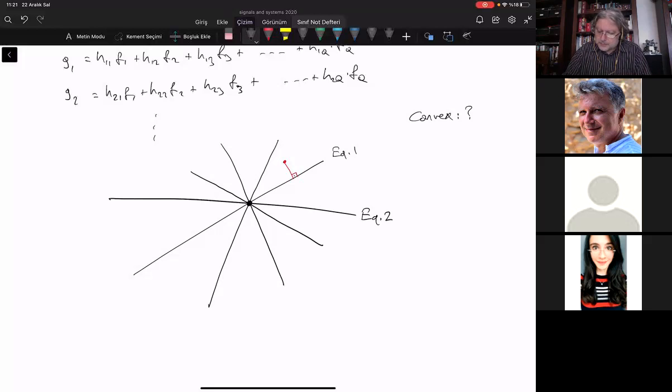If you have two points within the convex set, let's say one of them is x1, the other one is x2, then lambda times x1 plus 1 minus lambda times x2 will be an element of the set, will be inside the convex set, for lambda between 0 and 1.